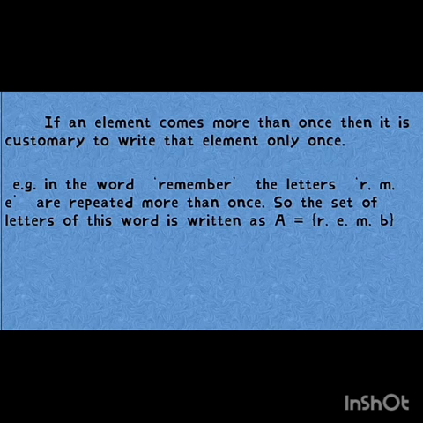Let's see an example. In the word remember, the letters R, M, E are repeated more than once. So the set of letters of this word is written as A is equal to, in curly brackets, R, E, M, B. Like this we will write.